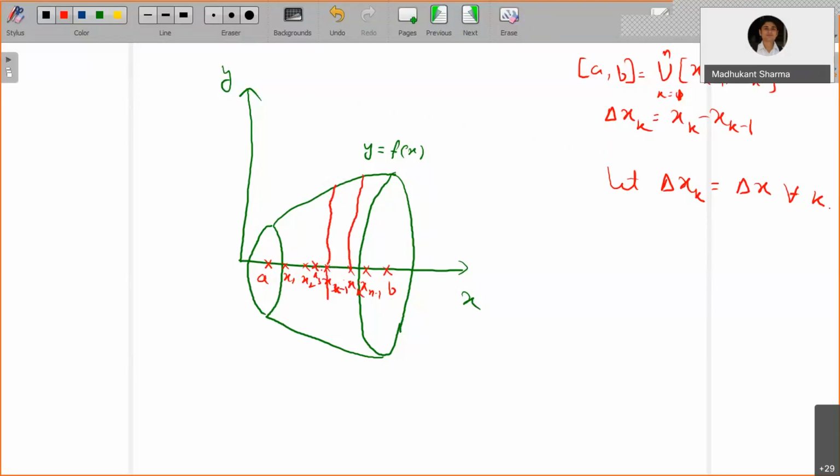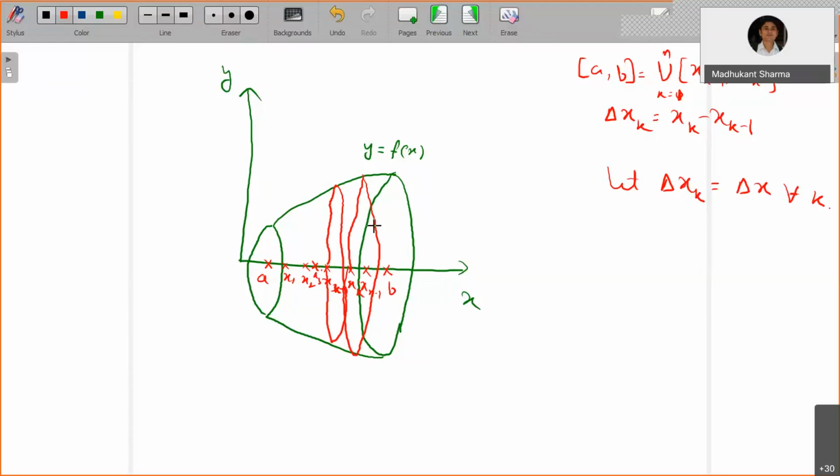If you draw it and look at a very small element of length delta x, you can consider this as a part of a circular cylinder, which you know.